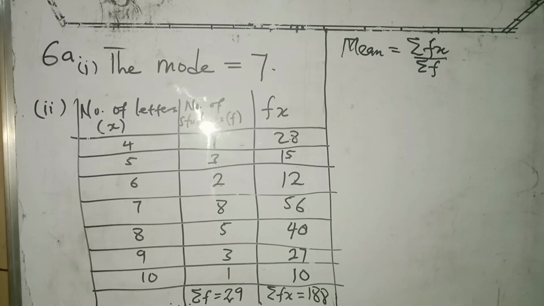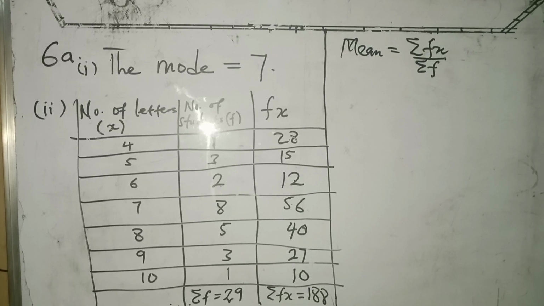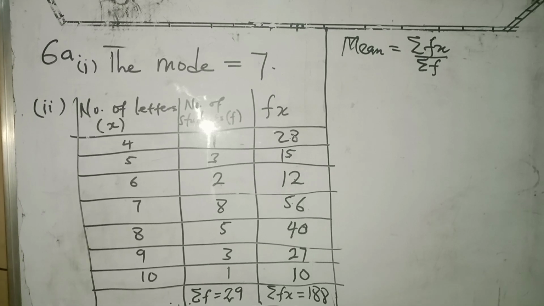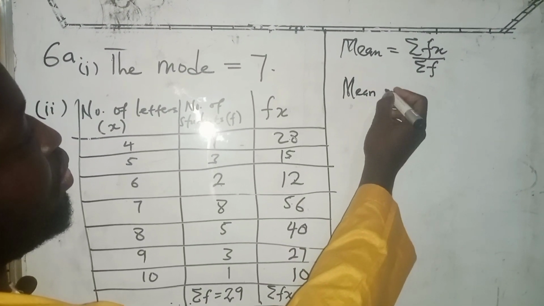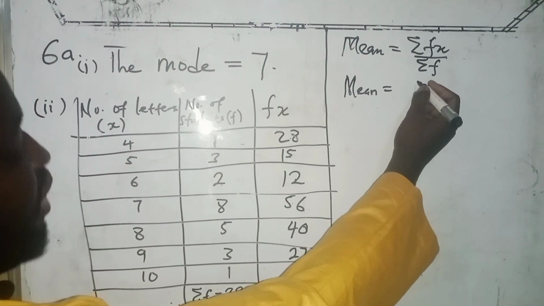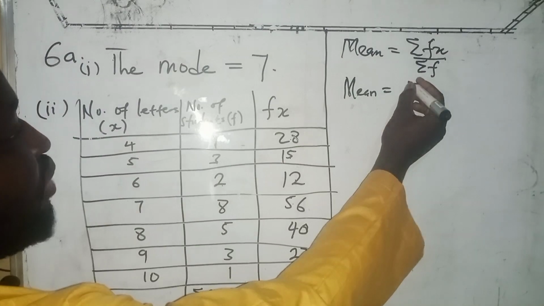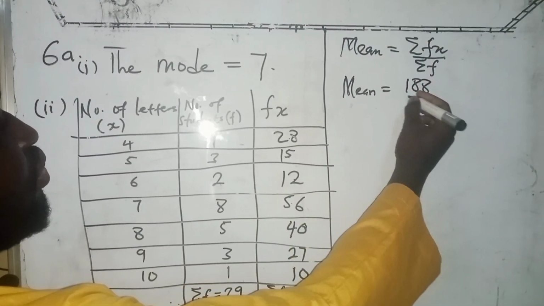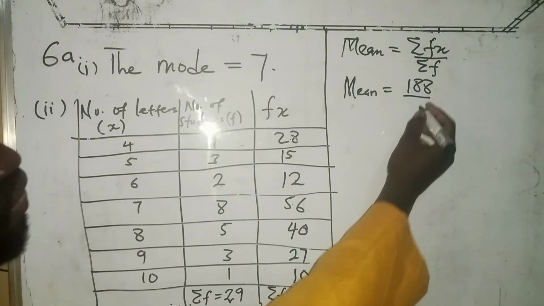We now pick these answers and simplify using the formula of the mean. So in that case, the mean will be equal to sigma fx, which is 188, over sigma f, and sigma f is 29.